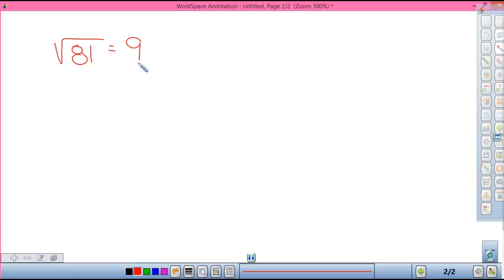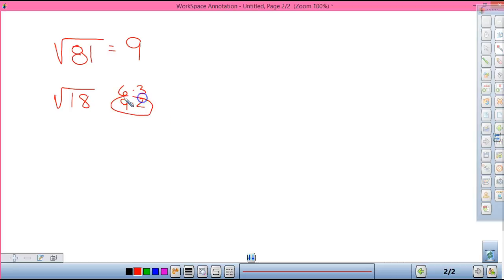So if I have the square root of 18, we have to think of the factors of 18. What are my factors of 18? 6 and 3, 9 and 2, 18 and 1. Out of these, which one has a perfect square in it?